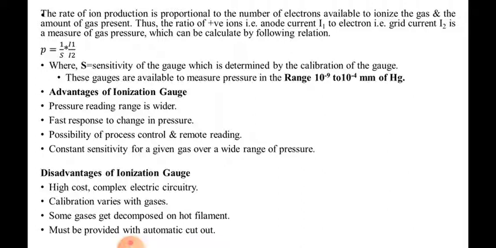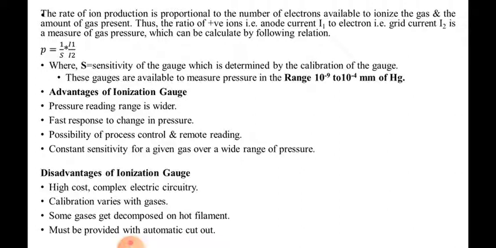It is given by P equals 1 by S into I1 divided by I2, where S is the sensitivity of the gauge, which is determined by the calibration of a gas. The gauge can measure pressure in the range of 10 to the power minus 9 to 10 to the power minus 4 mm of Hg. This is the range of pressure measured by the ionization gauge.